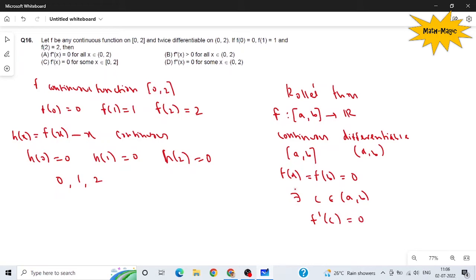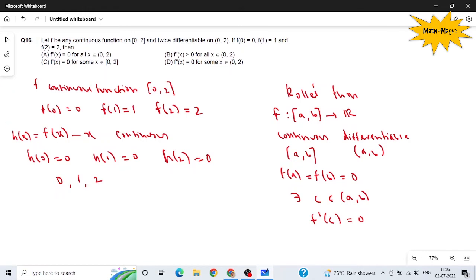Basically, this theorem says that if f has a root at a and b and it's continuous and differentiable, then f dash has a root between a and b. Now let's apply this theorem here.